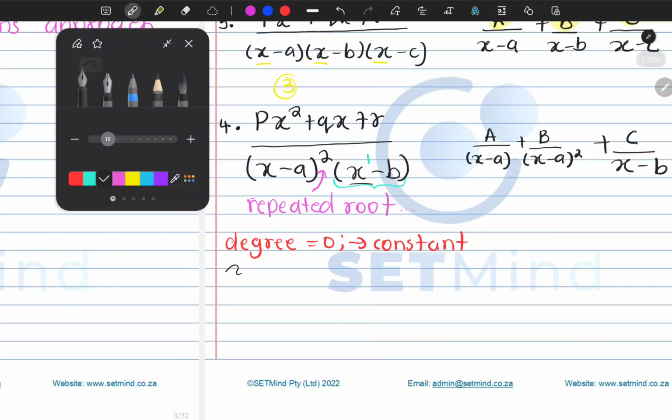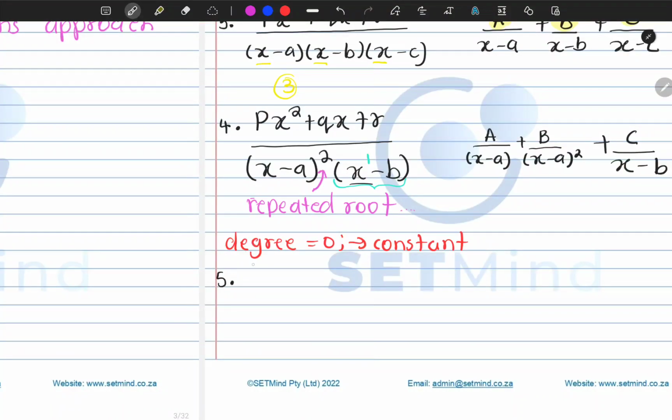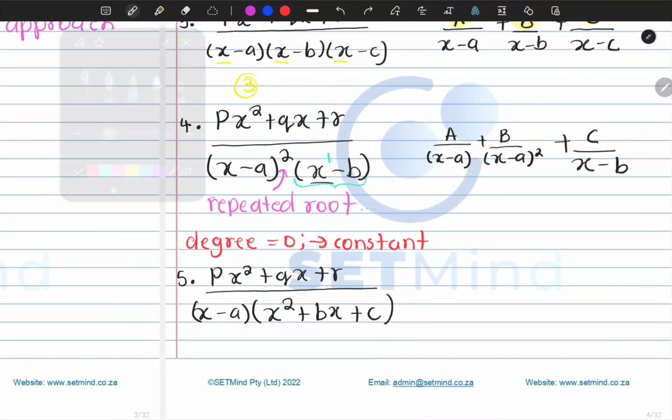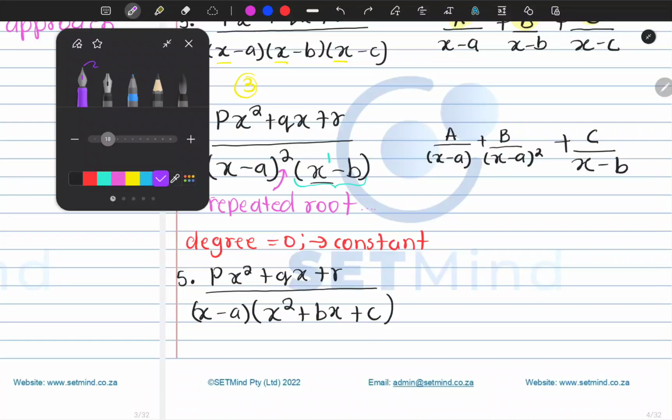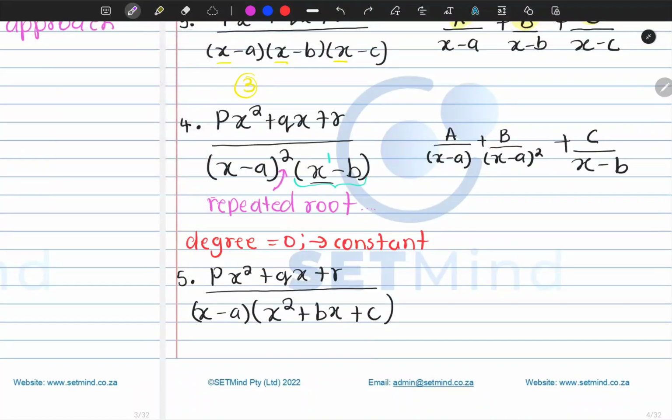So for number 5, we have an expression which is of this form. We have px squared plus qx plus r, and this is divided by, look carefully, x minus a multiplied by x squared plus bx plus c. And this, when we split it, we have a couple of things which we note. So assume that it is not easy to factorize this portion here.